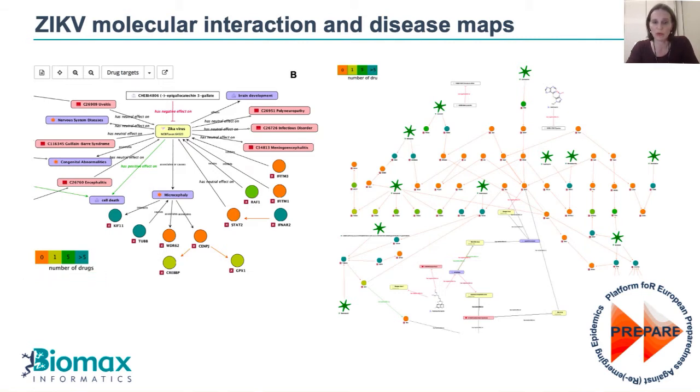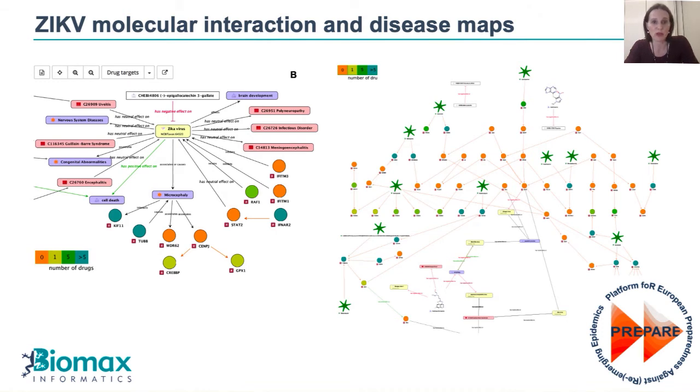This map was, in a second step, further extended and filtered to include potential Zika virus effective drugs, which were then connected to genes associated to Zika virus through protein-protein interaction.